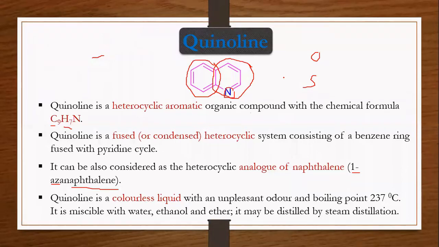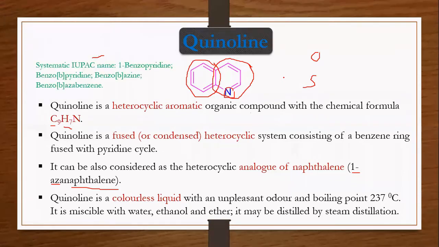Okay, this is the information about quinoline. Here you have to remember quinoline is a heterocyclic organic compound having formula C9H7N. Quinoline is a fused heterocycle in which a benzene ring is fused with a pyridine ring.